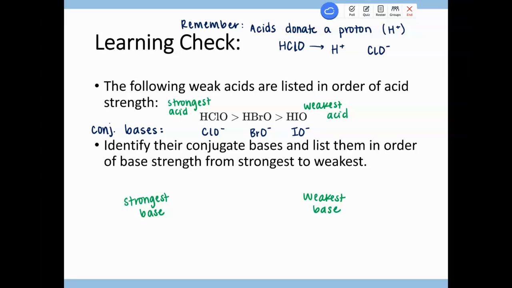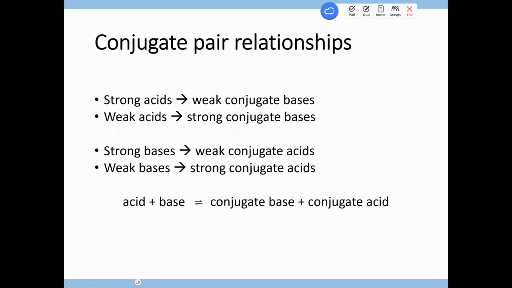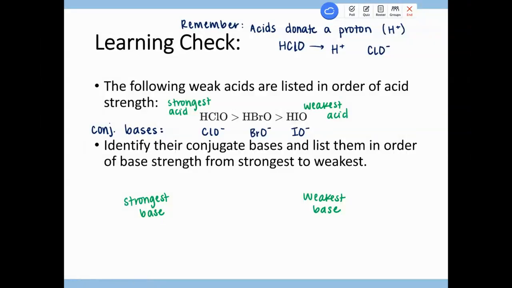Then we're looking to list from strongest to weakest bases for those three conjugate bases. We have to go back to what we have on the last slide, that if you have a stronger acid, that will produce a weak conjugate base. A weak acid produces a strong conjugate base. So they're opposites. So the strongest acid here, HClO, the conjugate base will be the weakest base.